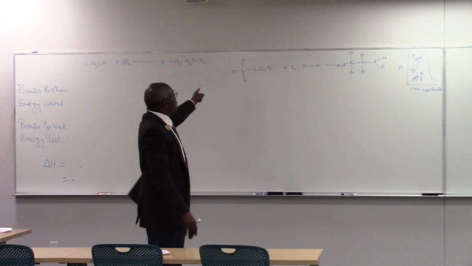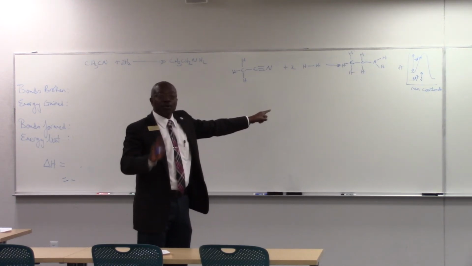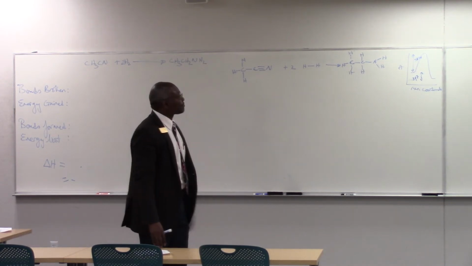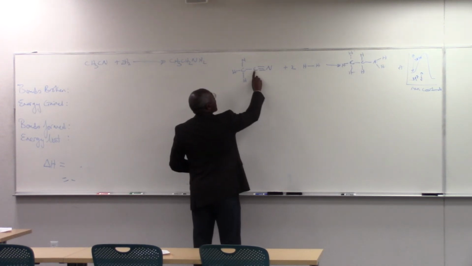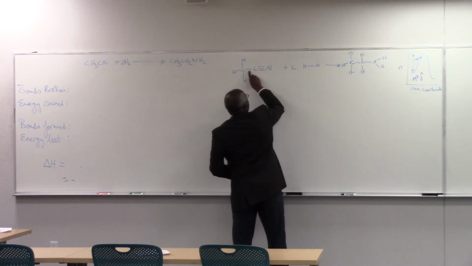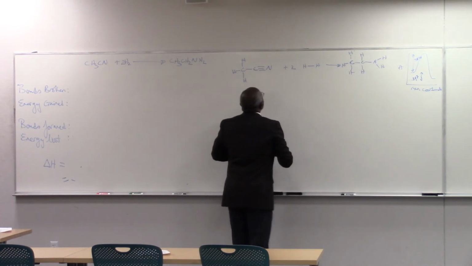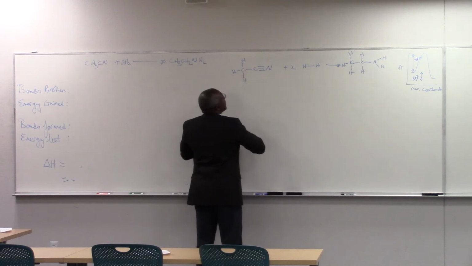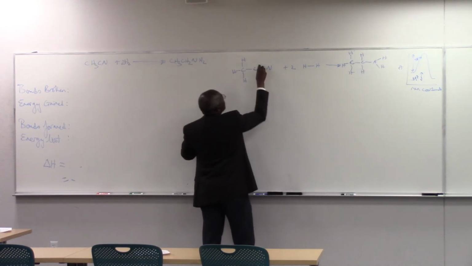I'm not breaking those bonds and reforming them. They are just spectators. They were not involved in the chemistry. I'm going to ignore them because I should. So in my starter material, my CH3 remains intact. This bond between the C and the C remains intact. But whereas this carbon had 3 bonds to N, now it only has 1 bond to N. So I broke 2 of these bonds.